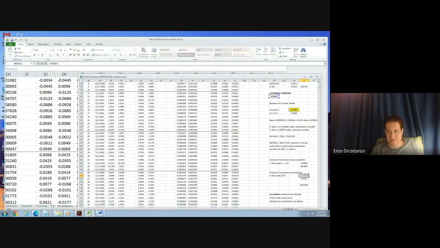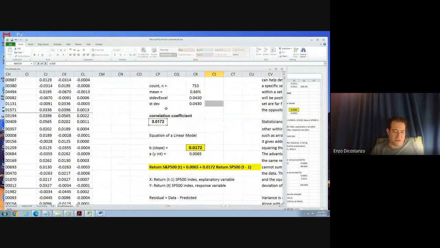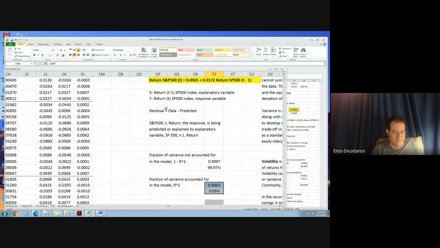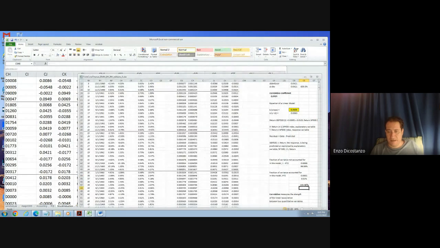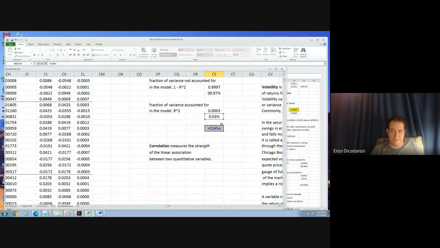And then obviously what's left here equals this squared equals that guy. There it is. Okay. And I think you add these up, summed them. This correlation measures the strength of the linear association between the two quantitative variables. That's what that does.